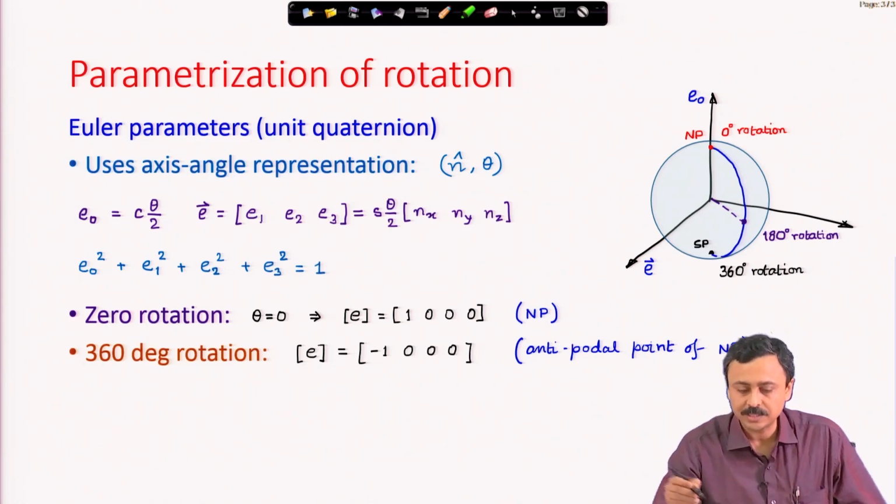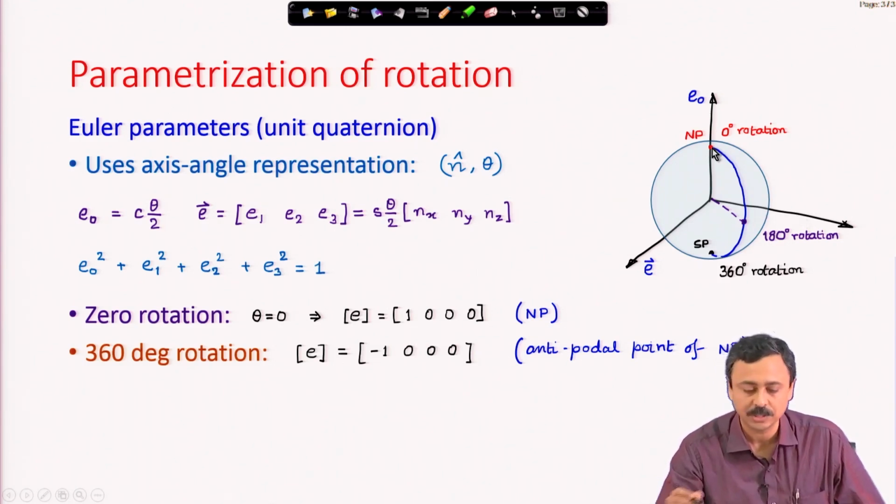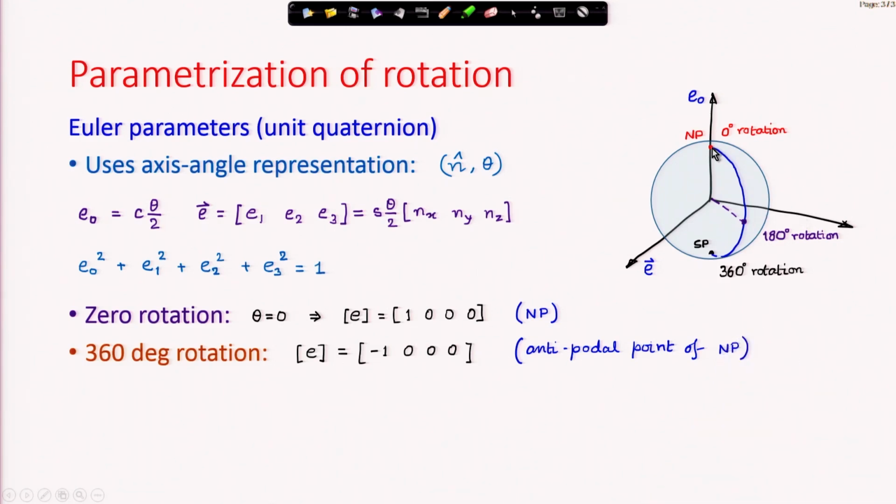Okay, so this is the identity rotation matrix, or the base orientation, the point is at the north pole. E0 is 1 and other components are all 0, therefore, it is the north pole. When it represents a complete rotation of 360 degree, then what happens?